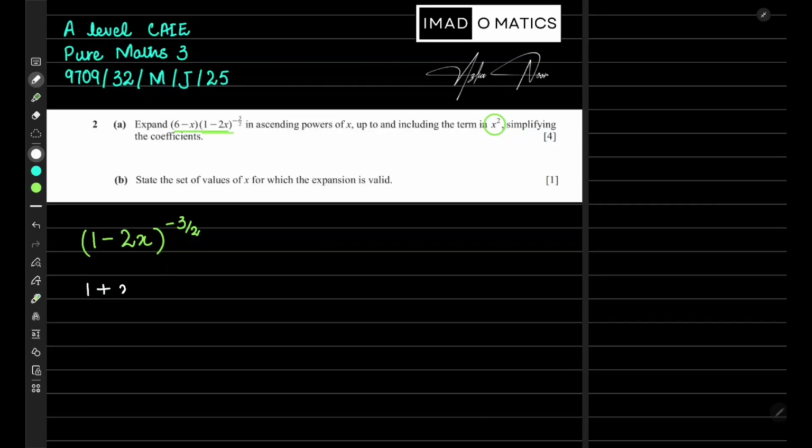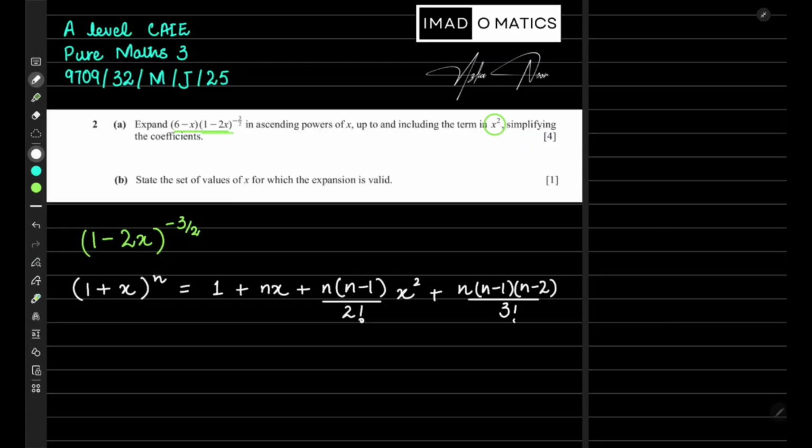That is (1 plus x) to the power n is equal to 1 plus n times x plus n times (n minus 1) over 2 factorial times x square plus n times (n minus 1) times (n minus 2) over 3 factorial times x cube, and so on.